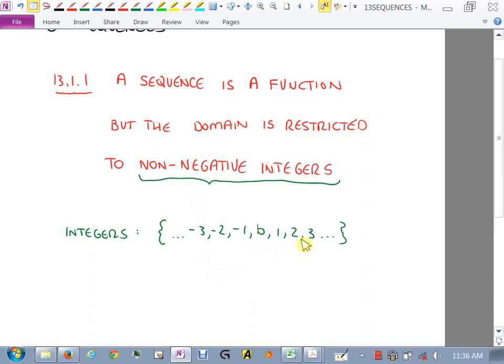So non-negative integers is this set 0, 1, 2, 3, forever and ever. So imagine now we take a function that we're used to seeing and we restrict its domain to just those numbers. What would it look like?